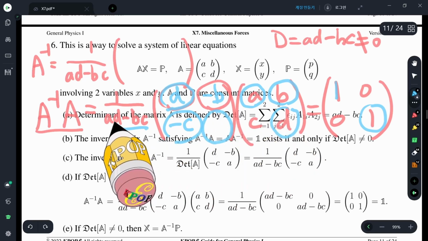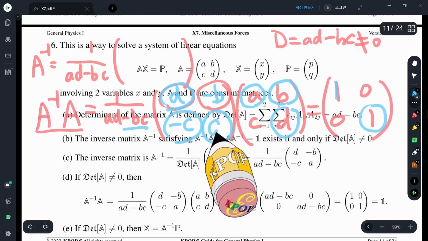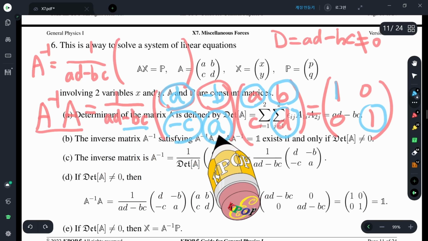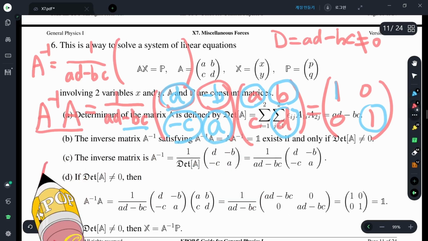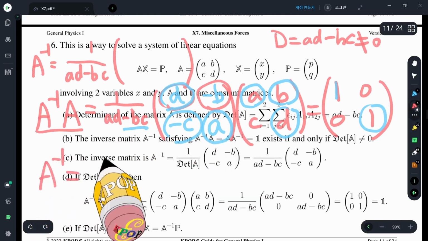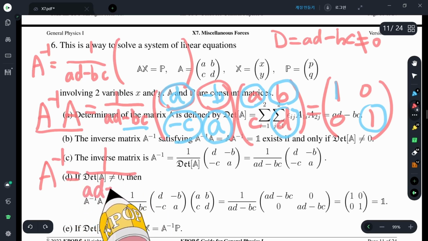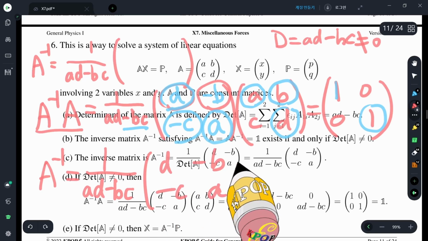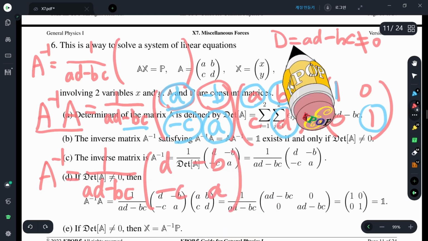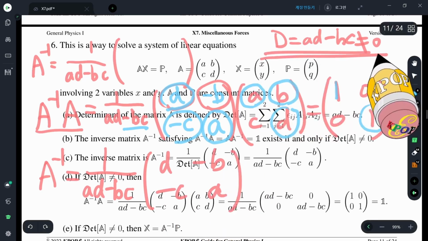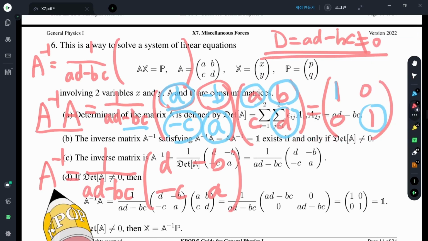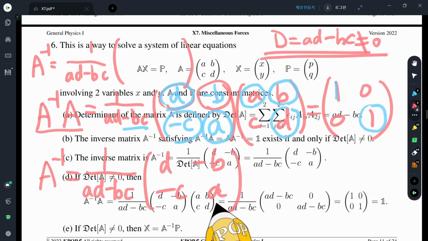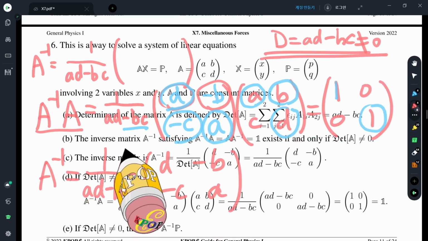D, D, A is the answer. I know the answer for the inverse is trivial: AD minus BC, and D, minus B, minus C, A. Whatever A, B, C, D, as long as their determinant is not vanishing, I can find any matrix inverse.